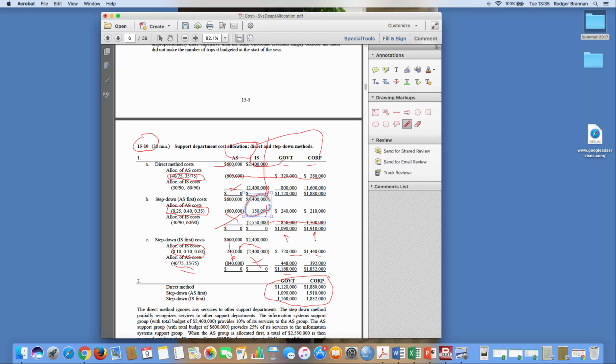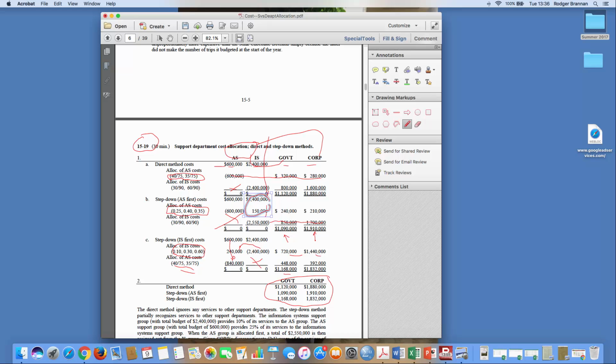The two step-down methods are completely arbitrary which way I go. Under the direct method, there's really only a $78,000 difference between the methods, about 7%. Is it material? It kind of meets the basic criteria for being material, something greater than 5%.